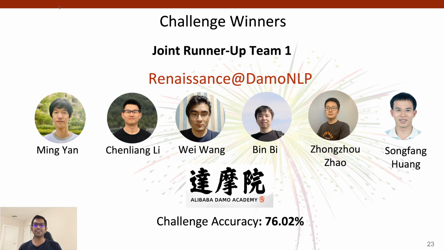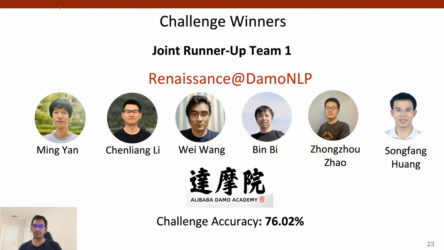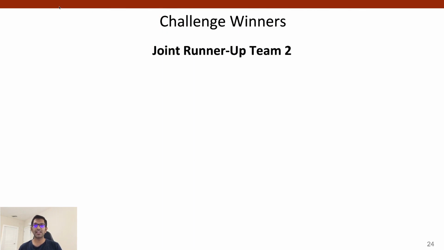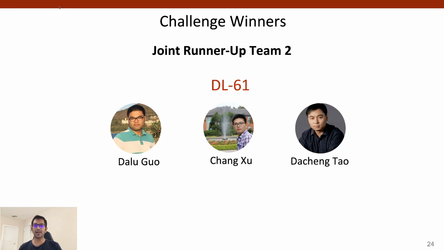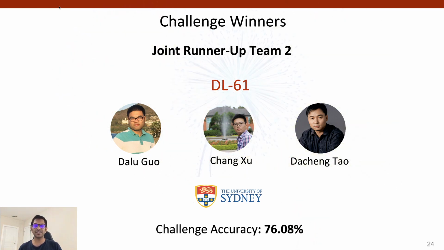Their challenge accuracy is 76.02. The other team at the joint second position is DL61, and their team members are Dalu Guo, Cheng Shu, and Dacheng Tao, and the accuracy is 76.08.